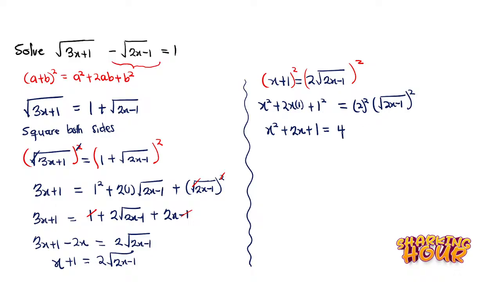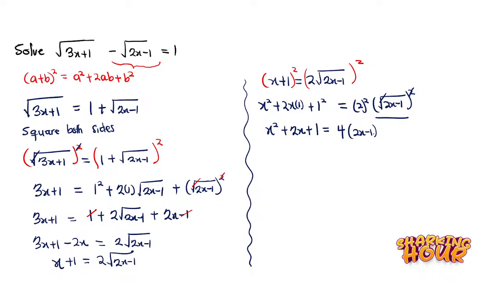Remember, it is still multiplying this part of the expression. So over here we have the root of 2x minus 1 all squared. So the square over here will cancel the root sign. So I now have the expression 2x minus 1 multiplying the 4, and this is the expression that I have.